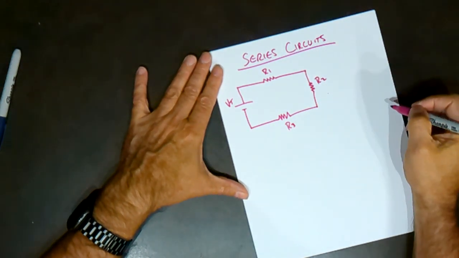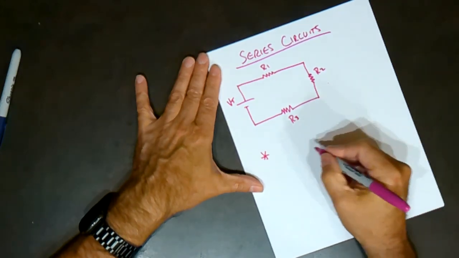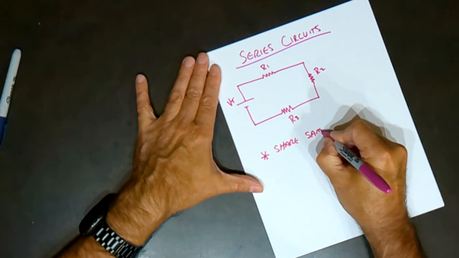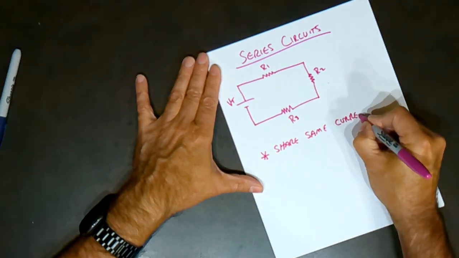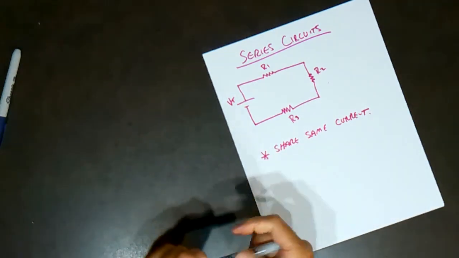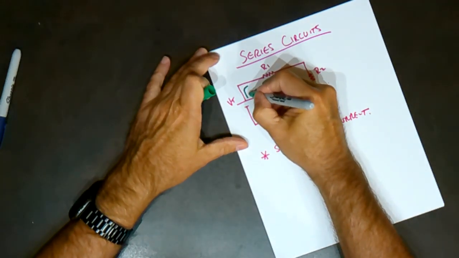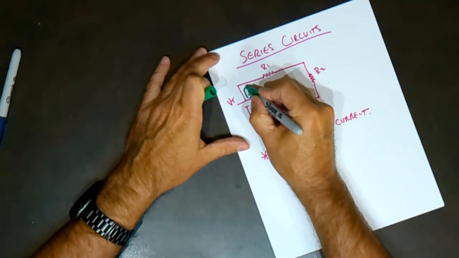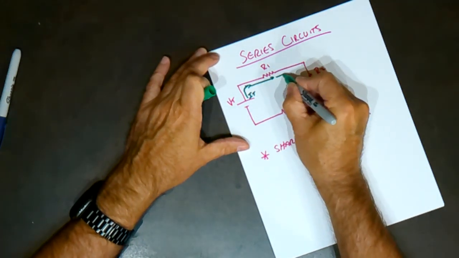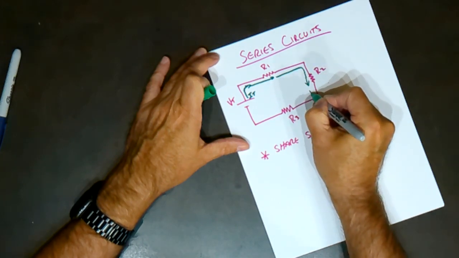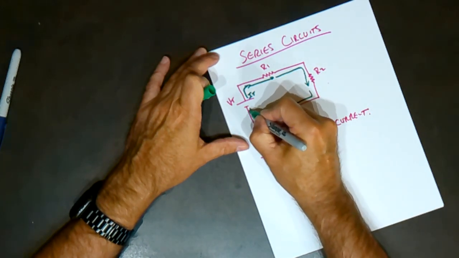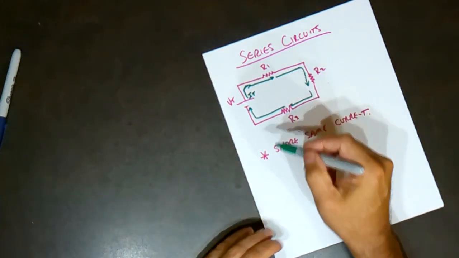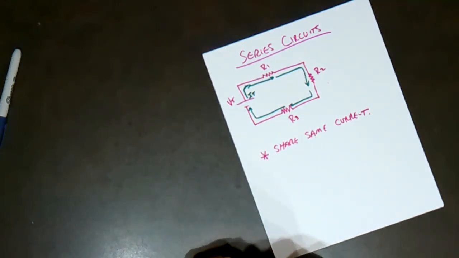How do we know these things are in series? The most important thing is that they share the same current. So if I was to track the current as it leaves the source, that current will flow through that resistor, flow through that resistor, and flow through that resistor on its way back. Therefore, all components share the same current.